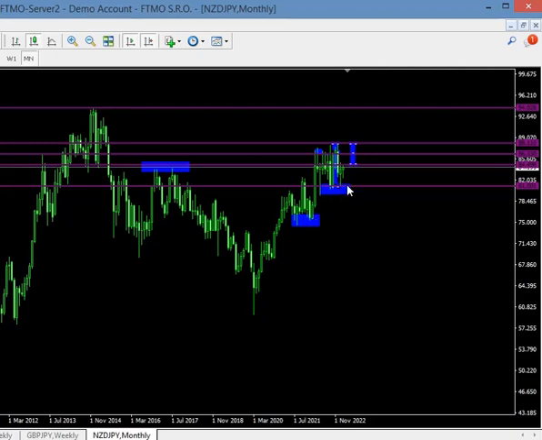We've been seeing higher highs over this area, and higher lows over this area, signaling that the market is on an uptrend.